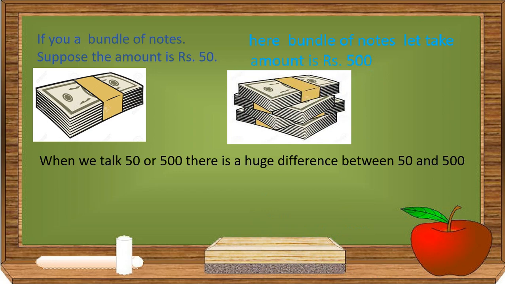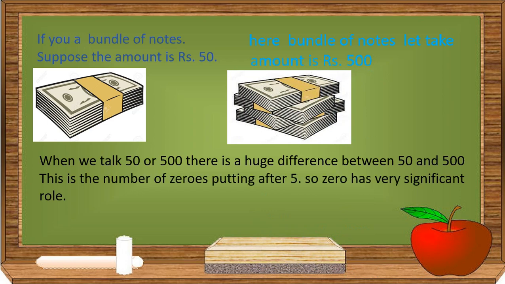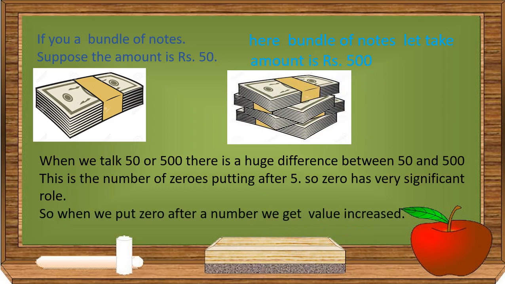Is there any difference between 50 and 500? Yes, there is a huge difference. Why does this arise? Because of the 0. The zeros we put after 5 make the difference. So 0 has a very significant role in numbers. When we put 0 after a number, the value increases.